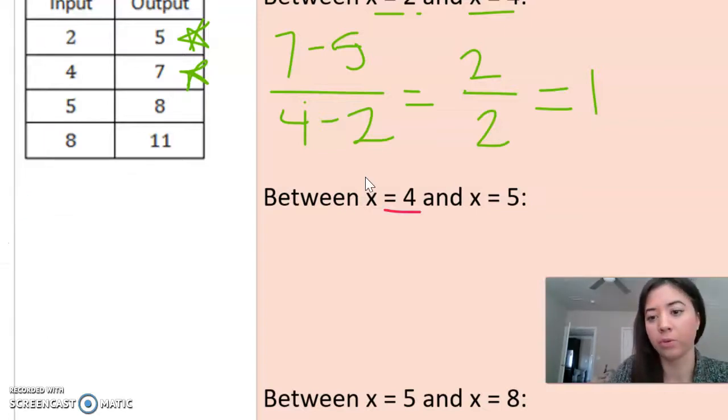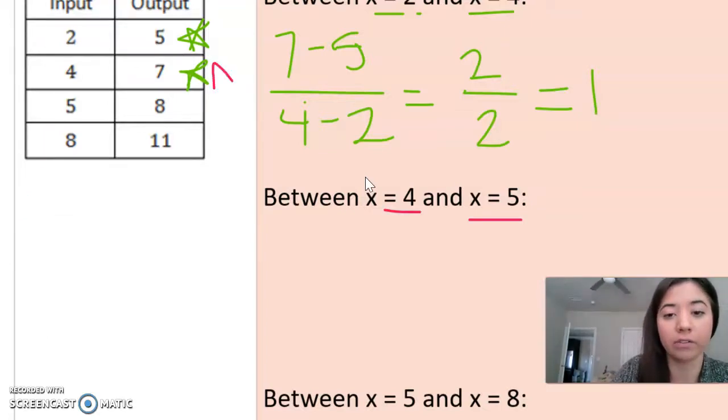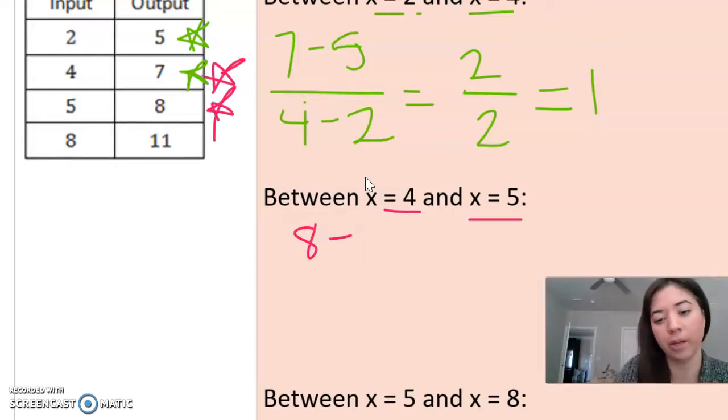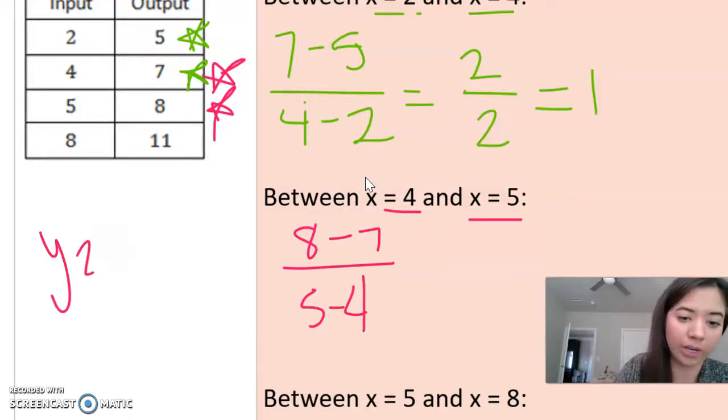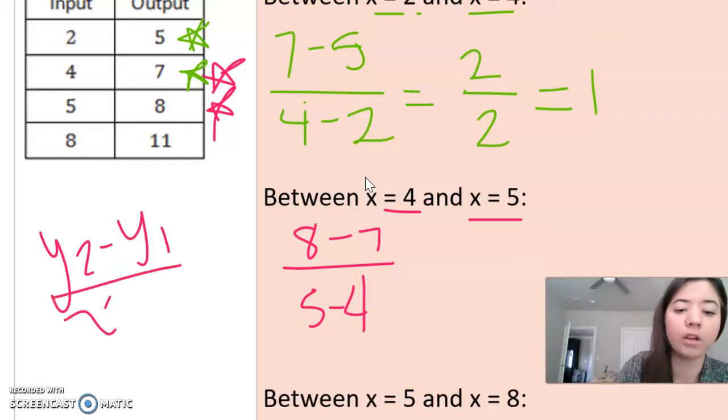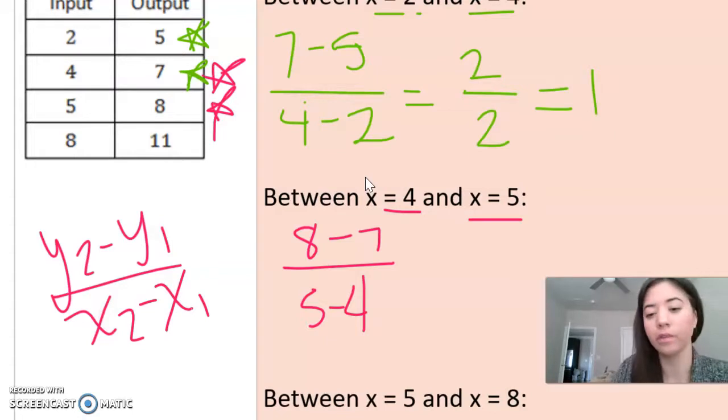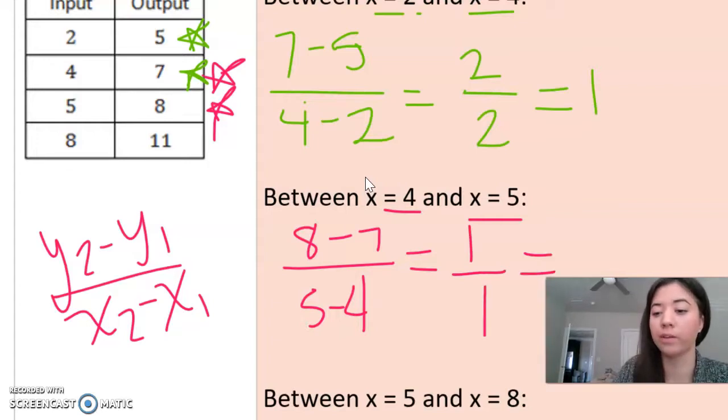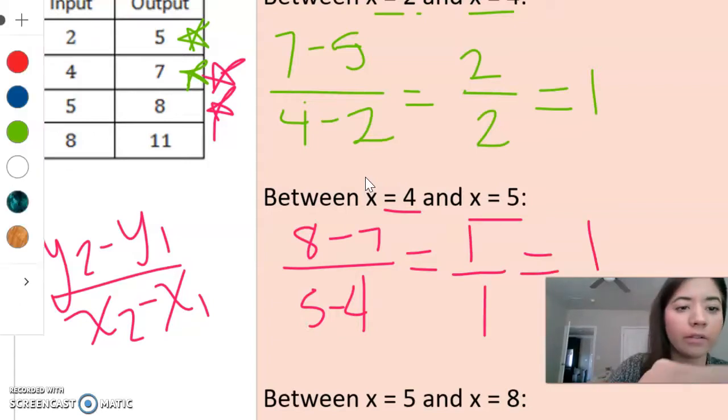All right, now we're looking between 4 and 5, so here and here. So we do 8 minus 7, and then 5 minus 4. Again, our equation is y2 minus y1 over x2 minus x1. 8 minus 7 is 1, 5 minus 4 is 1, so I get 1 here.